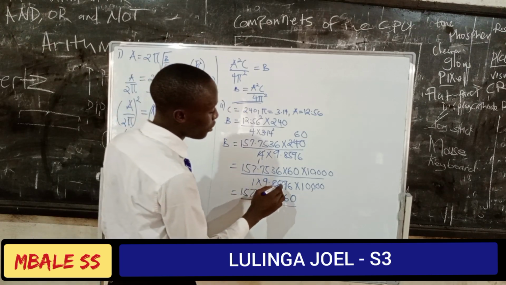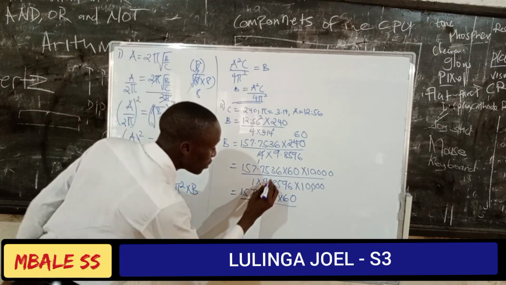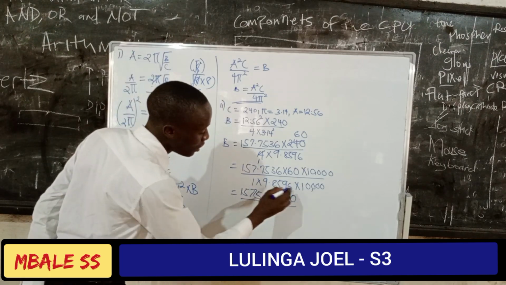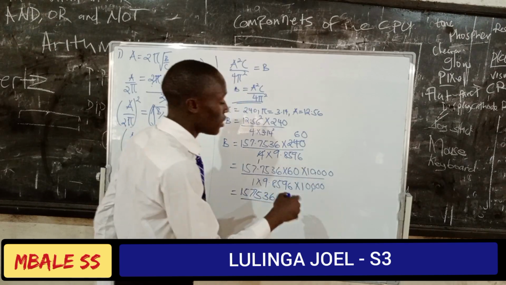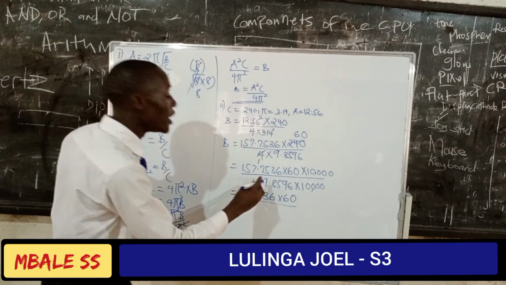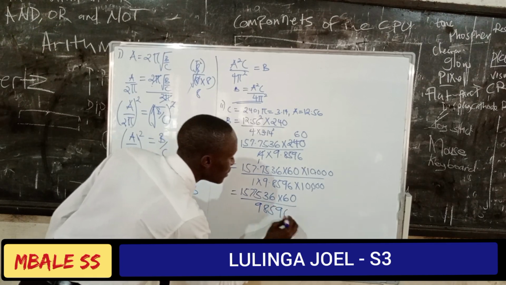This is 1, 2, 3, 4, and these are also 4. So we shall have this one as a whole number, because now these ones will cancel out. If you put over 10,000 and multiply it on this one, the zeros will cancel out, so that will mean 98596.